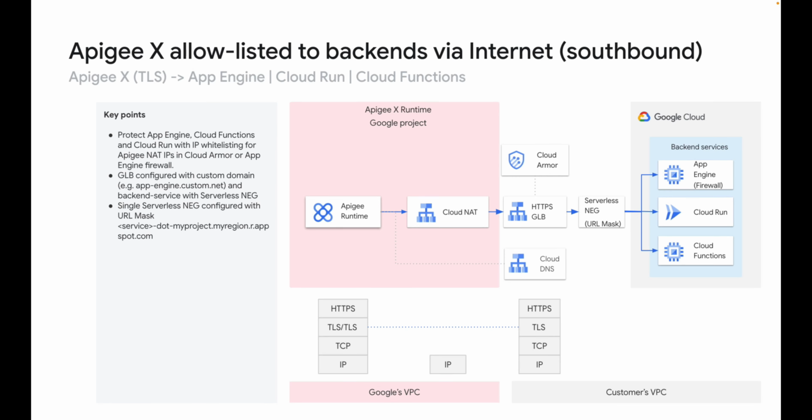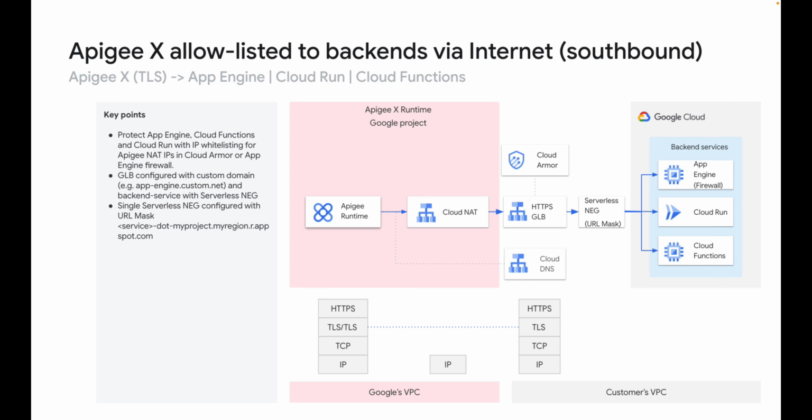Let's focus on Apigee X to GCP services. Now we are going to focus on the southbound connectivity from Apigee to the different workloads. The first pattern is the possibility to access different backend services from Apigee through an HTTPS global load balancer.